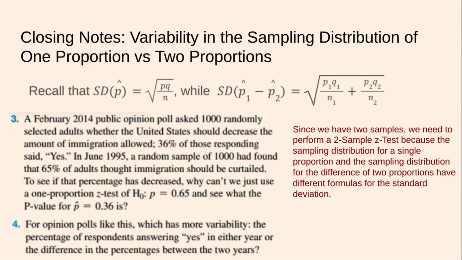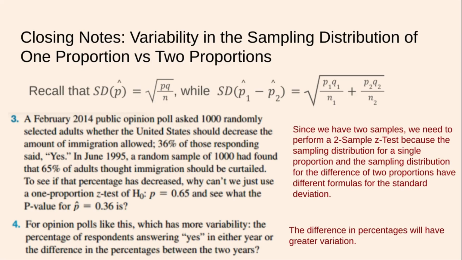If you're dealing with two variables, you have two variables' worth of variation, and variation always compounds. Variation always adds, all right? Regardless of whether you're adding variables or subtracting variables or whatever, you are always adding variability, okay? So the answer is the difference in percentages will have a greater variation.